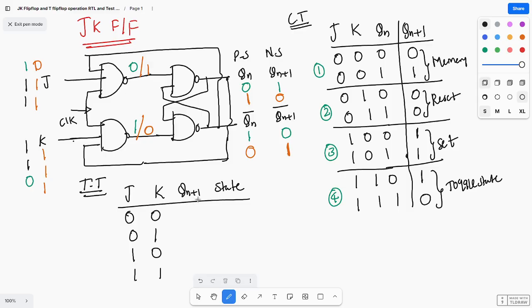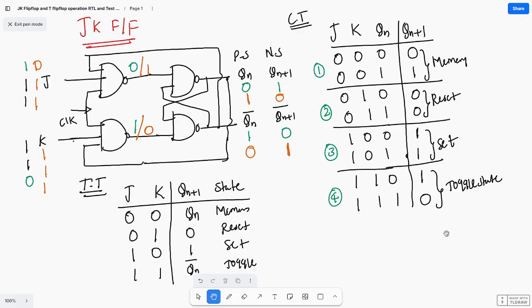If it is 0 0, the state is Qn, memory state. If it is 0 1, reset state. 1 0 set state. 1 1 is toggle state, Qn bar. So this is the truth table for the JK flip flop.